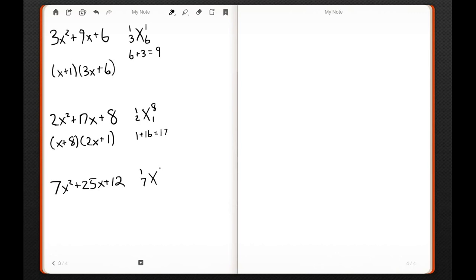So let's start with 1 and 12. If we multiply 1 times 12, that's 12. 7 times 1 will be 7. So this will be 19. Not quite high enough. We'll try again with 2 and 6. We'll get 14 plus 6.